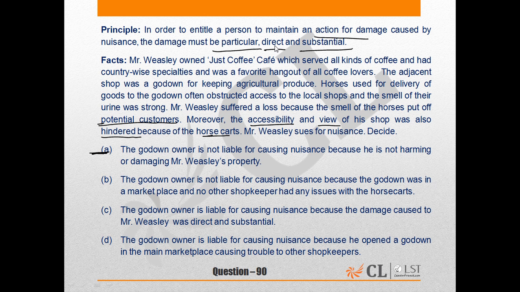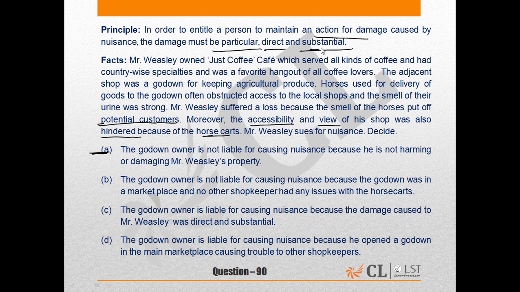It was not that the horse carts were placed there and because of some repercussion he suffered some loss. No, the horse carts were standing there and directly because of it, because the view was hindered, because the accessibility was hindered, there was a direct loss. And substantial, because his potential customers were let off, he had a substantial amount of loss, the monetary loss.